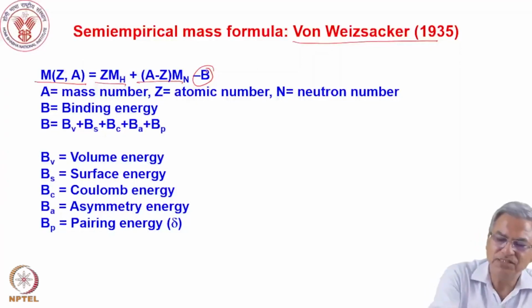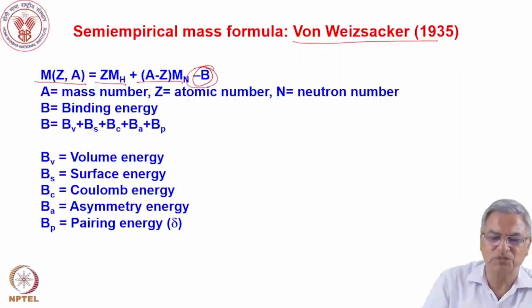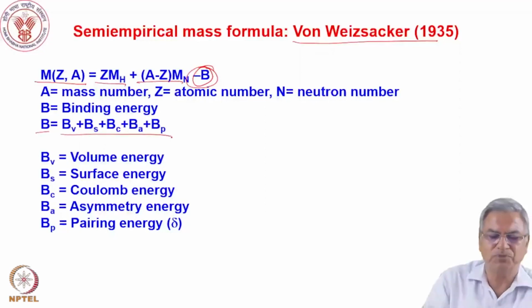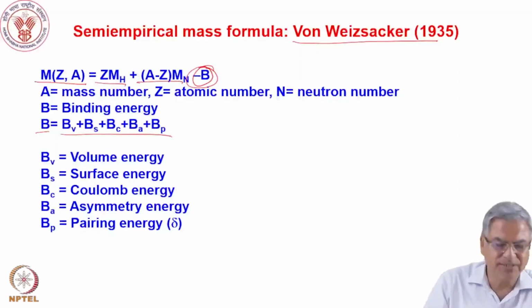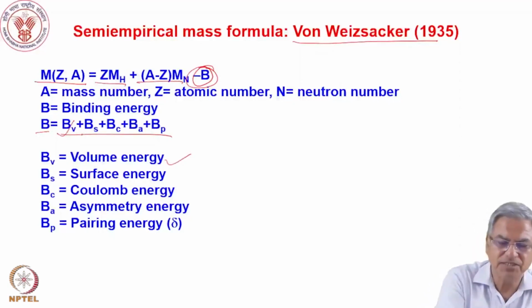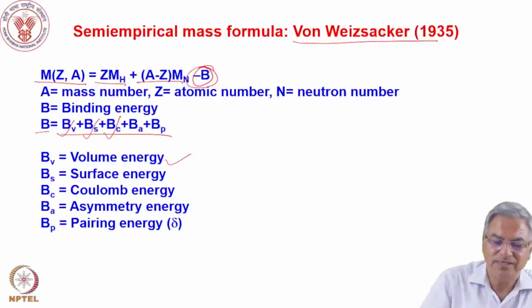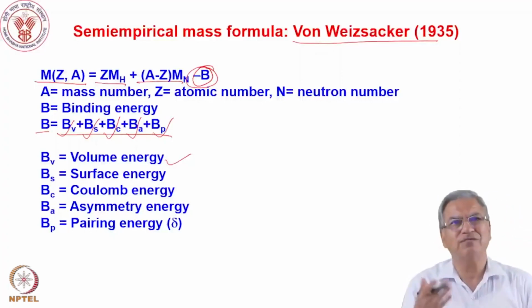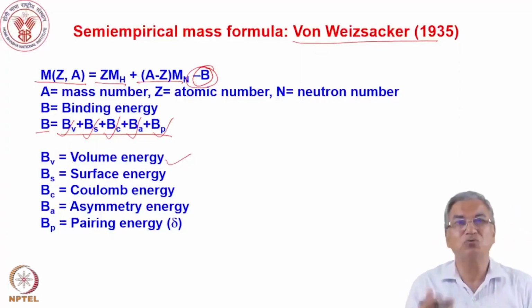So this binding energy is the term which we will focus on in this lecture, and this binding energy B is constituted of several terms which we call the volume energy Bv, the surface energy Bs, the Coulomb energy Bc, the asymmetry energy Ba, and the pairing energy Bp. The volume and surface are properties of the liquid drop.